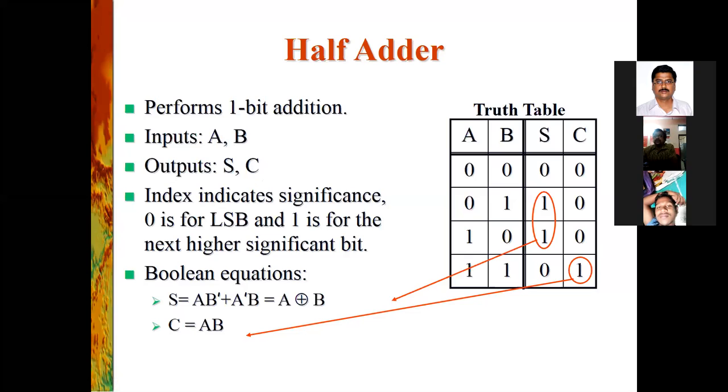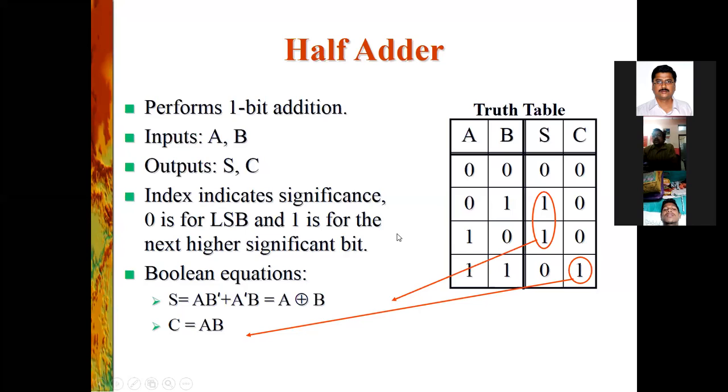Followed? Then I am taking the different combinations. Look at the table. A is 0, B is 0. Then A is 0, and the next B combination I am taking 1, because I have to take different combinations.